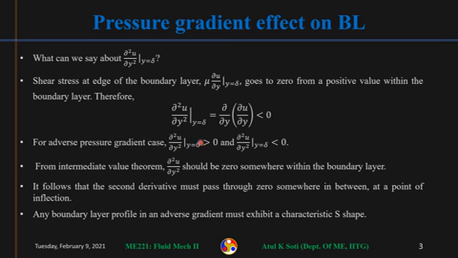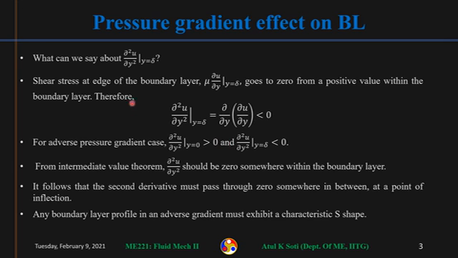Now from the intermediate value theorem, if this is positive at the wall at y equal to 0 and negative at y equal to delta, then it has to become 0 somewhere between y equal to 0 and y equal to delta. The product of this and this will be negative.